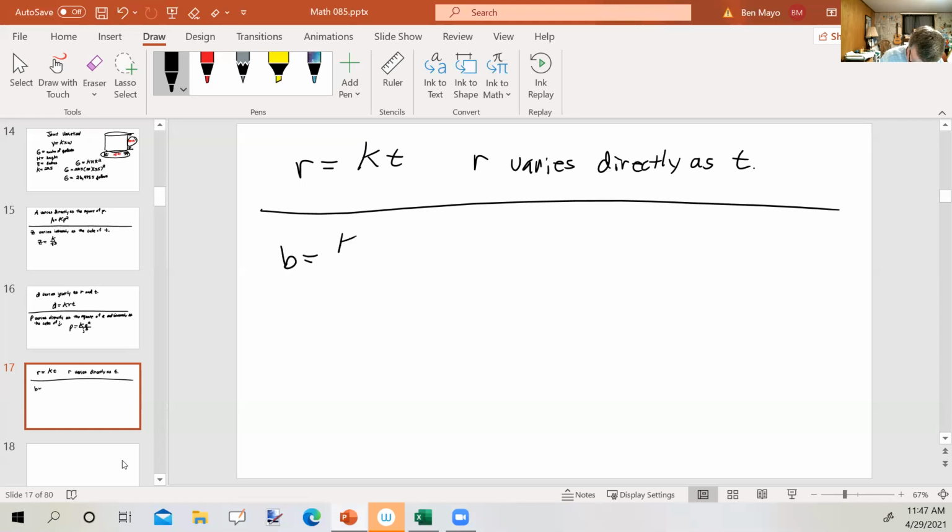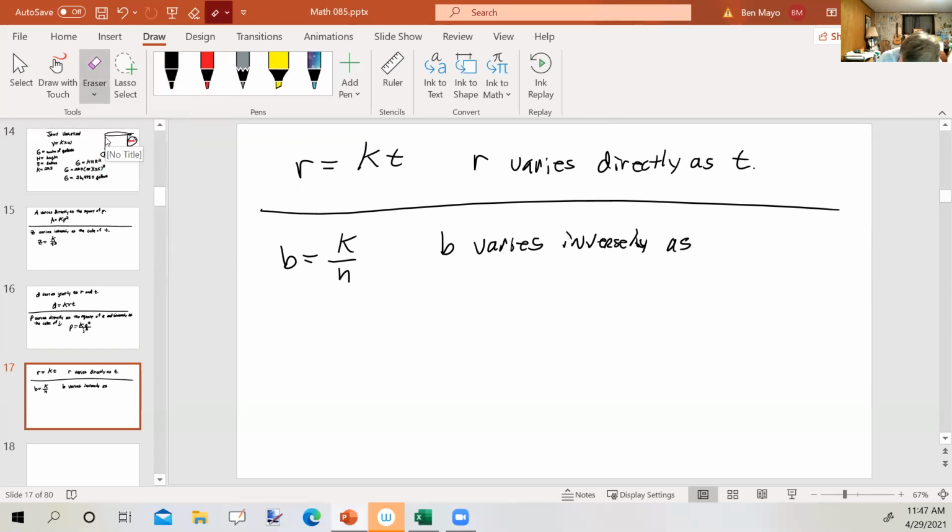B equals k divided by h. B varies inversely as h.